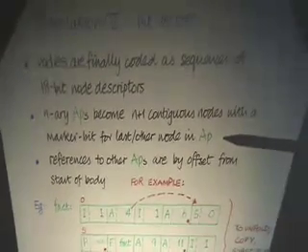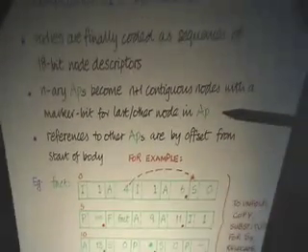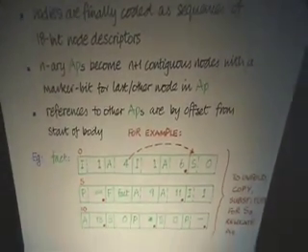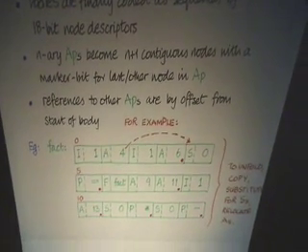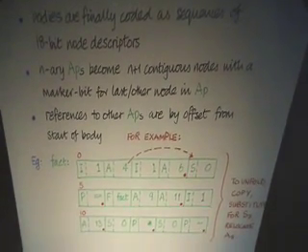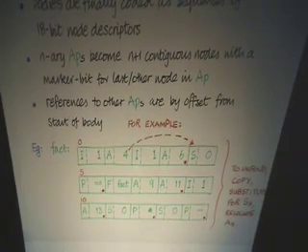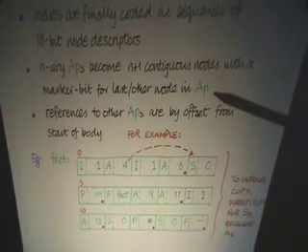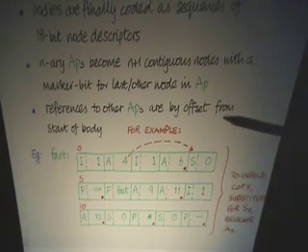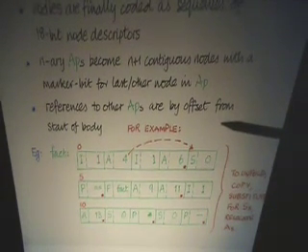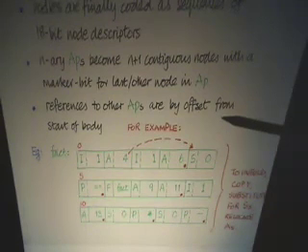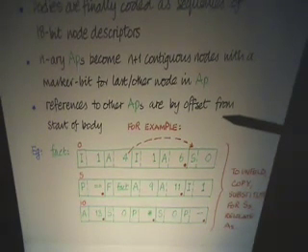These are N-ary applications, so how do we know when we come to the end, since it's just a stream of bits? Well, there's a marker bit in each 18-bit block. 3 of the bits are used for tagging, and there's a marker bit that says, is that the last node in this app? And references to other apps are now simply offsets from the start of the body.